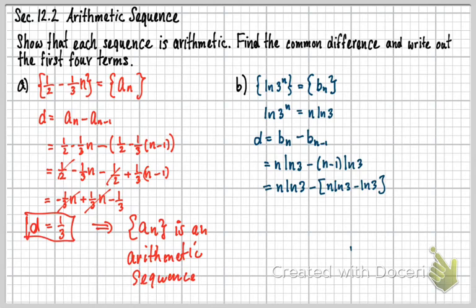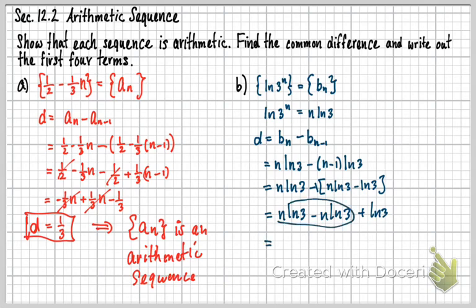Now I'm going to take care of this negative out there. This is going to equal n ln of 3 minus n ln of 3 plus ln of 3. I have to make sure I multiply that negative through, and this is the one people would generally mess up on, the second one here. So just be careful with your signs and distribution.